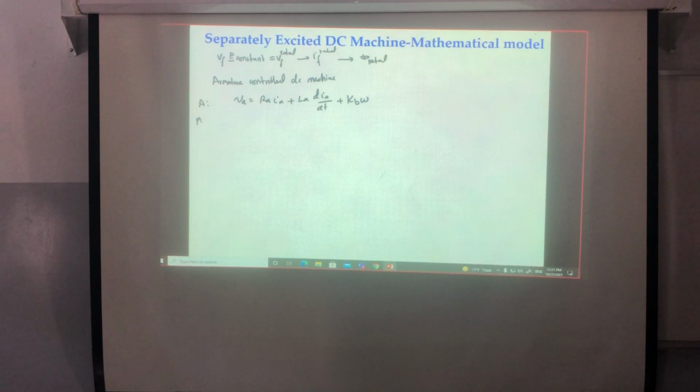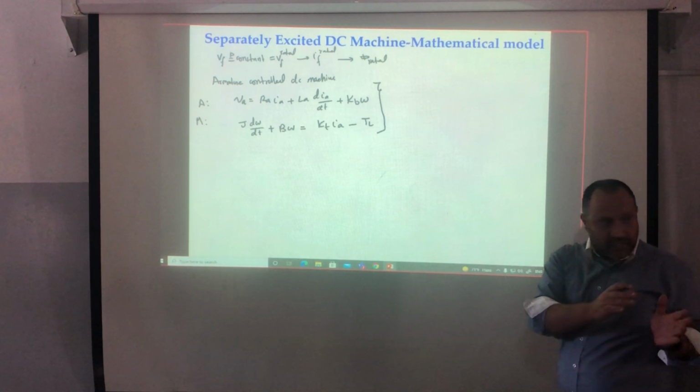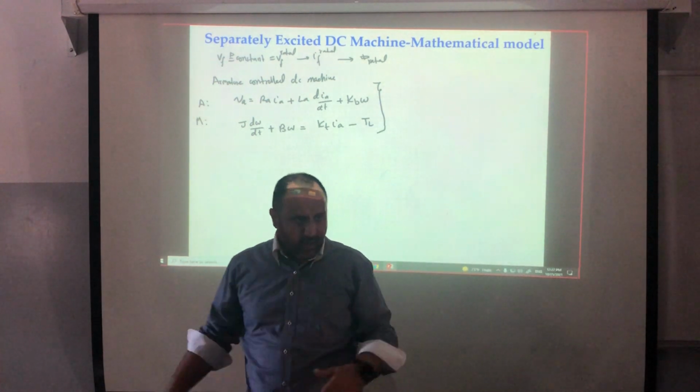And for the mechanical system, we have J d omega by dt plus B omega equals KT IA minus TL, correct? So you know that the first thing, if I need to write the state space representation, I must put the highest derivative on one side and all the other terms on the other side.